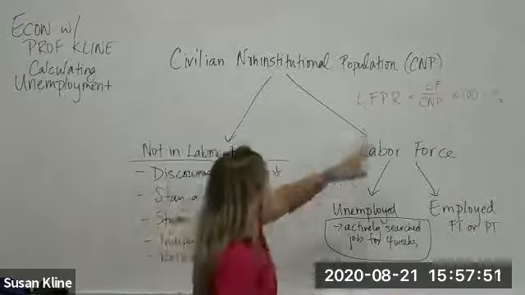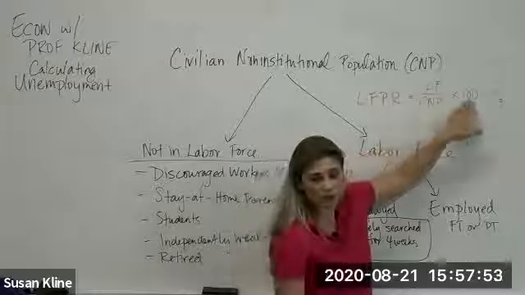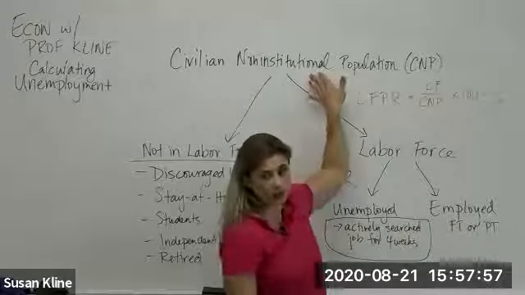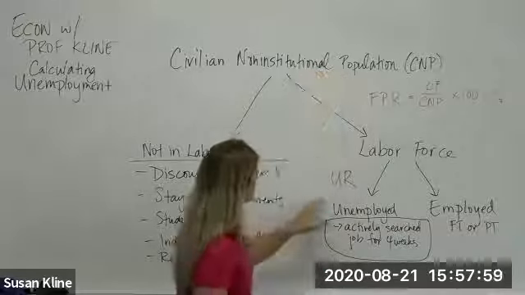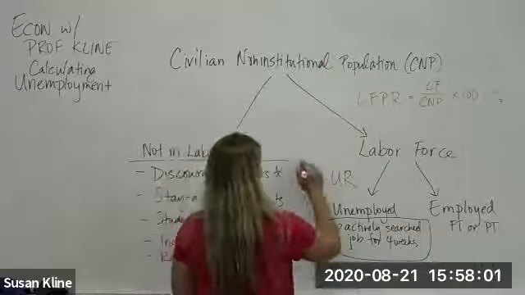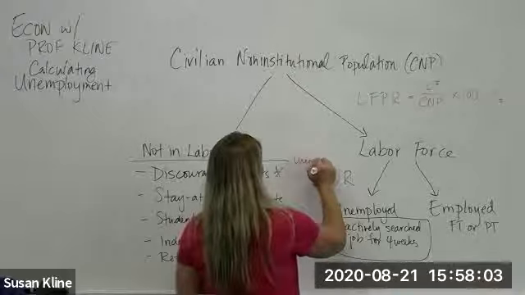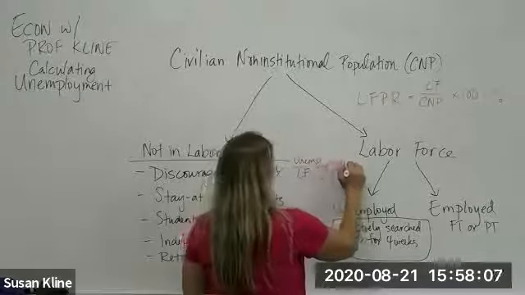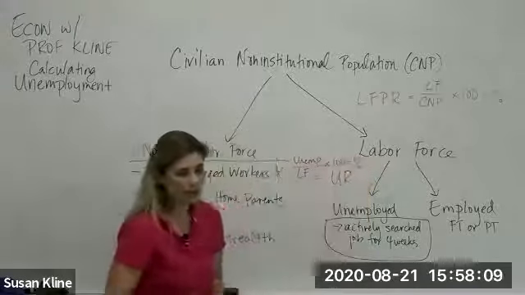Now this is going to be a number between 0 and 100, right? Because we can't have a labor force that is bigger than our population, right? And so the same with the unemployment rate, that would be the number of unemployed divided by labor force times 100 to express it as a percent.